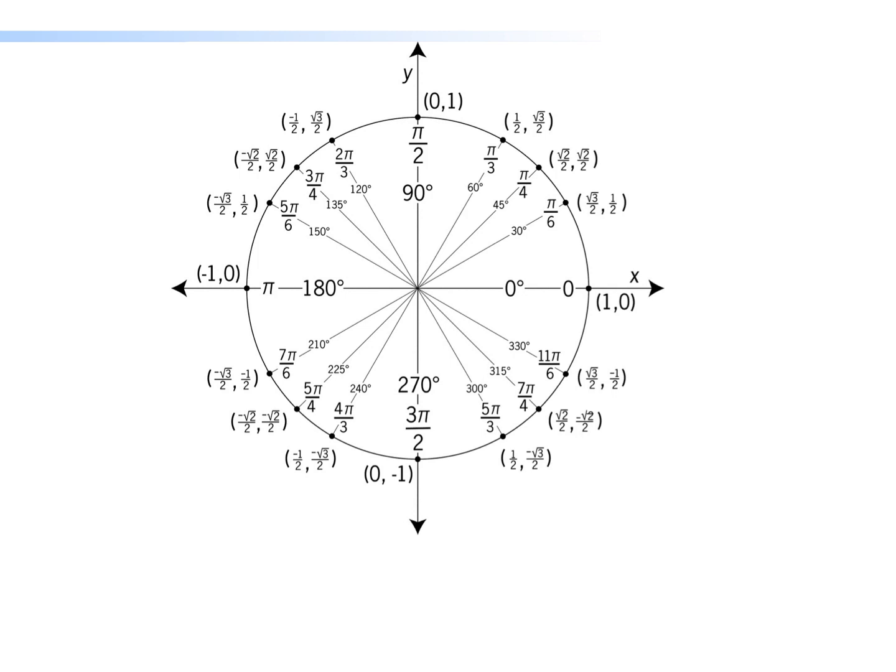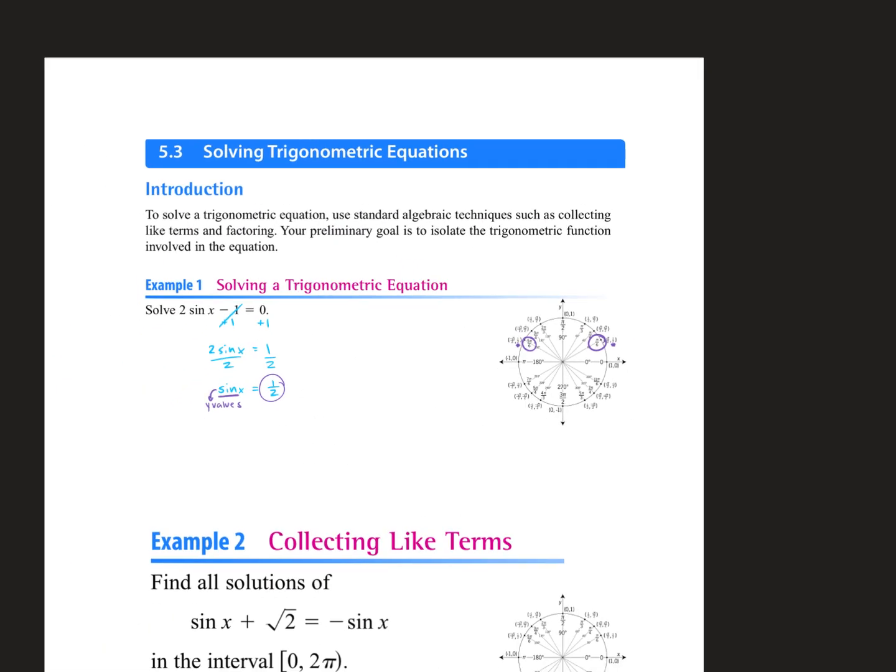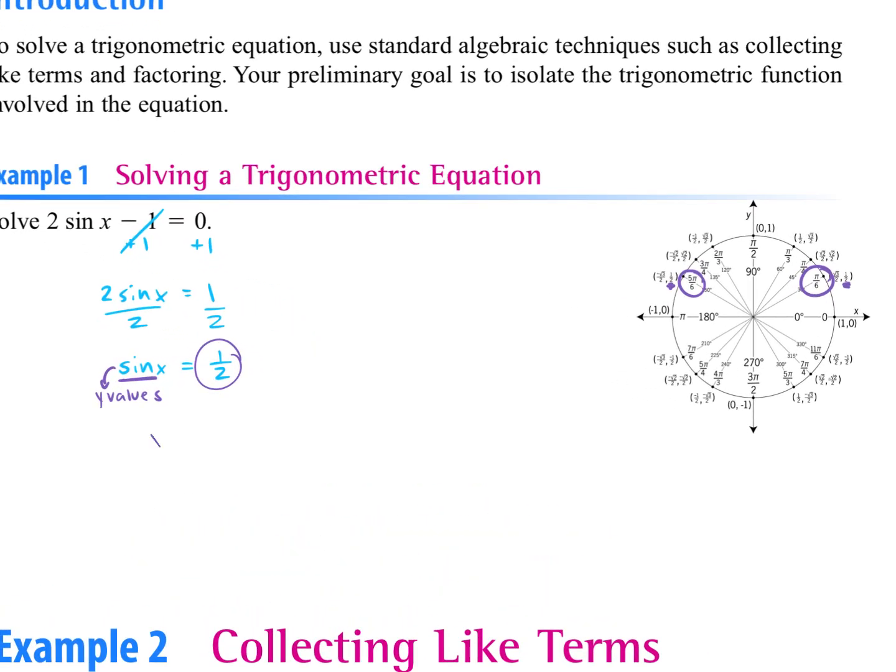So where would that be? Pi over 6 because y is 1/2 and 5 pi over 6 because y is 1/2. So my answer here would be x is equal to pi over 6 and 5 pi over 6.